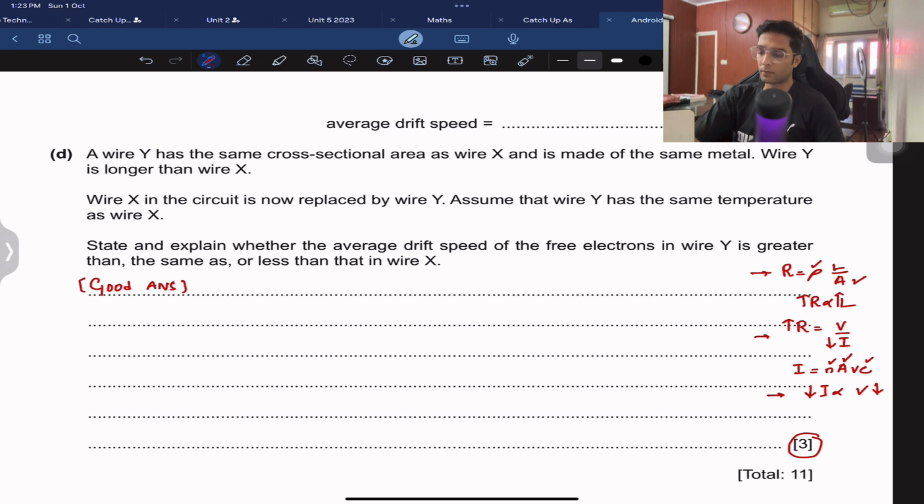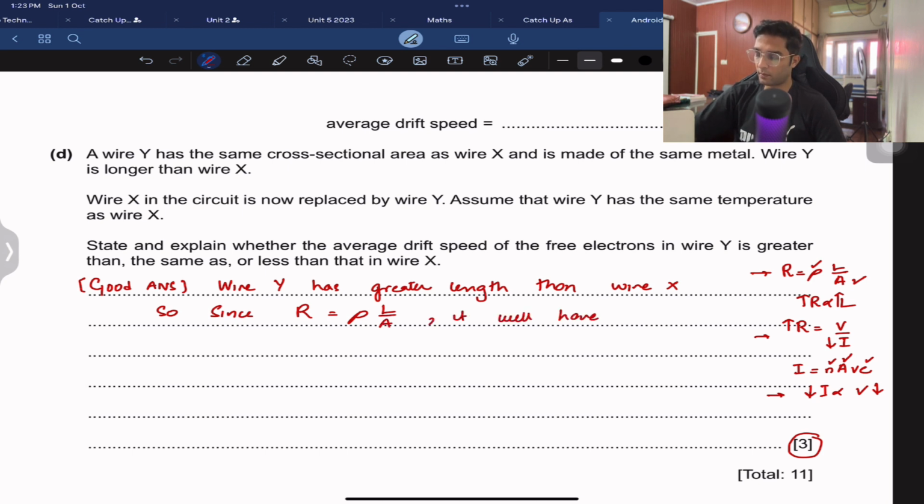So a good answer would be that wire Y has greater length than wire X. So since R equals rho L upon A, it will have greater resistance. So I've put down the first point.